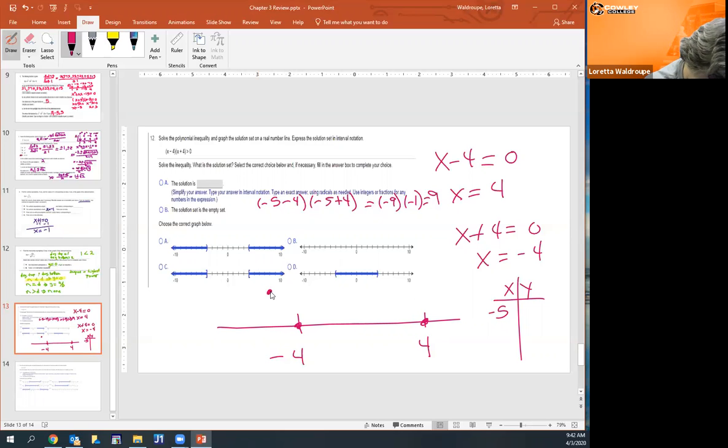Okay, let's put a 0 in here. So 0 minus 4 times 0 plus 4. That's a negative 4 times 4, which is a negative 16. So in this area, at 0, it's going to be down here at negative 16.